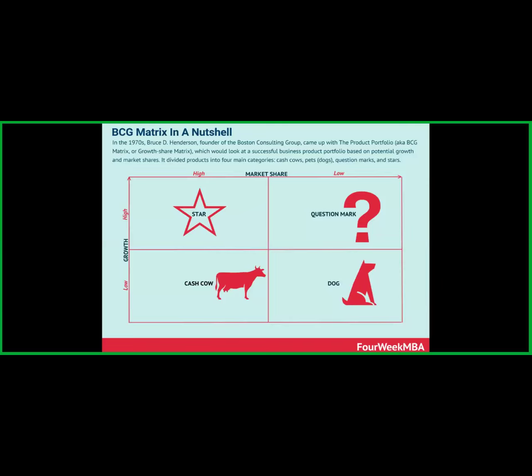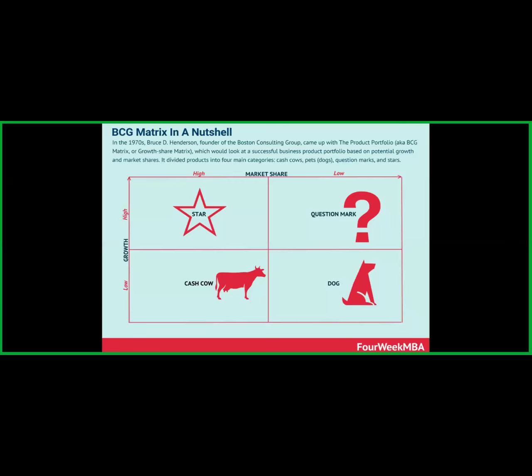Similarly, this particular product can grow, but right now we are analyzing the product as per the present market share. So right now, we can keep this frozen food product under the dog segment.